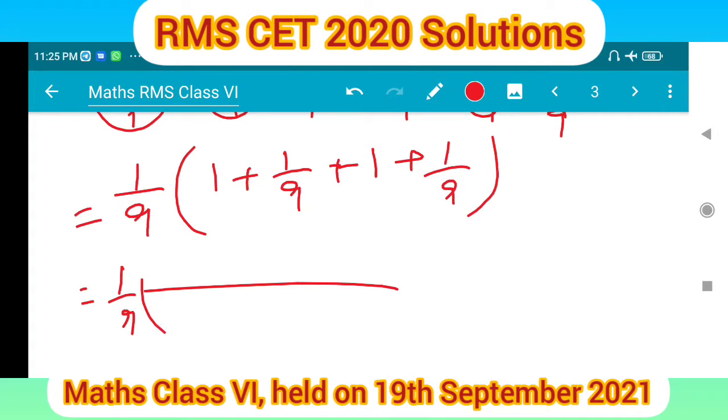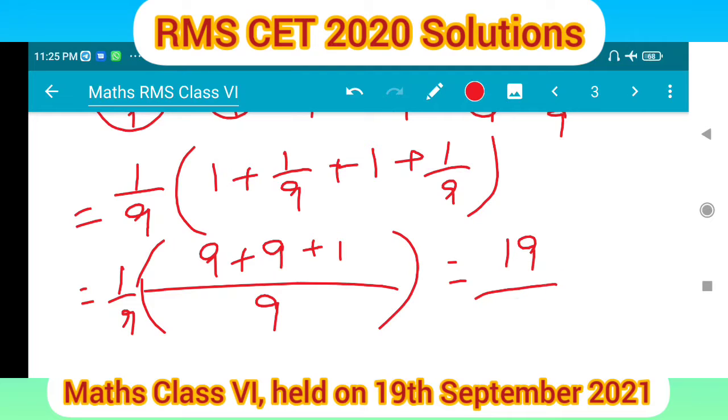and here I am taking 9 as the LCM. 9 ones are 9 plus 9 ones are 9 and here plus 1. So 9 plus 9 is 18, 18 plus 1 is 19, 19 by 9 nines are 81.